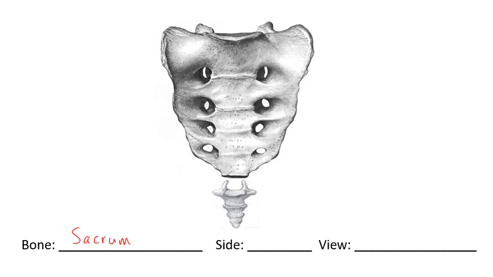Our view here is ventral, and I noted all that we really need here is the body of the sacrum and the coccyx, or what's referred to as the tailbone.